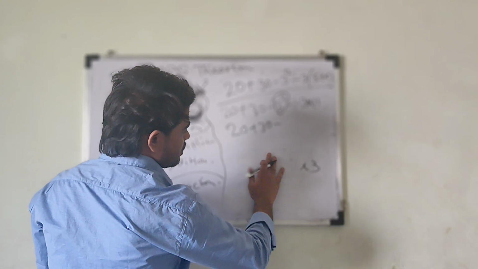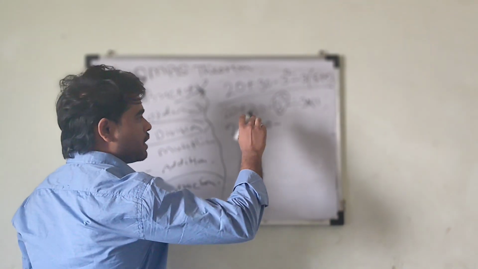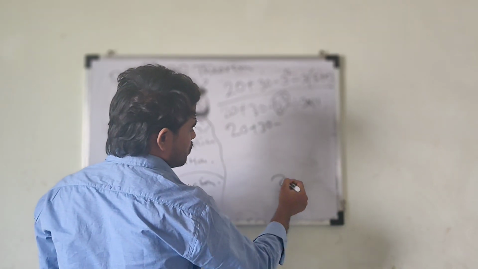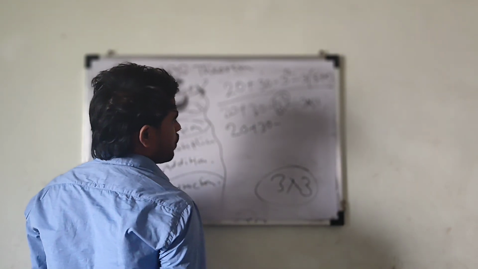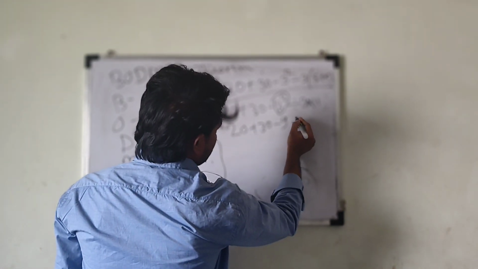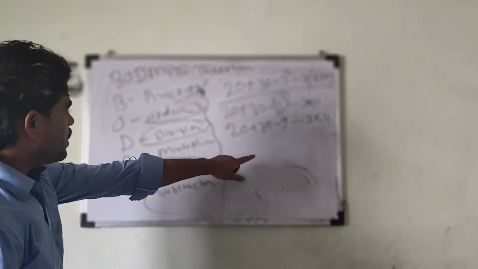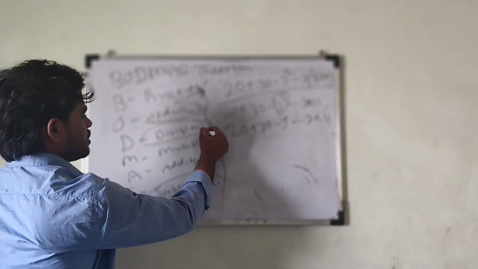So 3 square equals 9. Then division, 3 into 11.